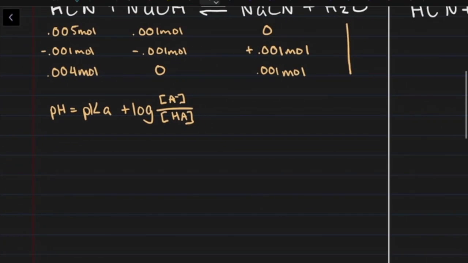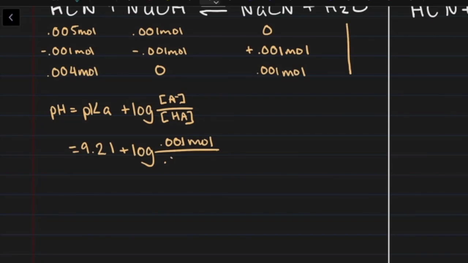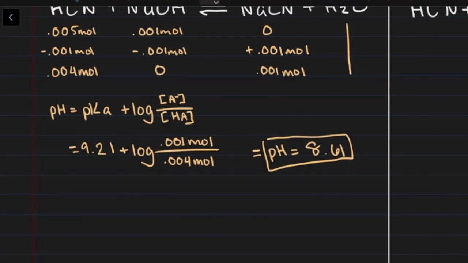So if we plug that stuff in, we'll get 9.21 plus log of 0.001 moles over 0.004 moles. And if we solve for that, we'll get our pH equal to 8.61.